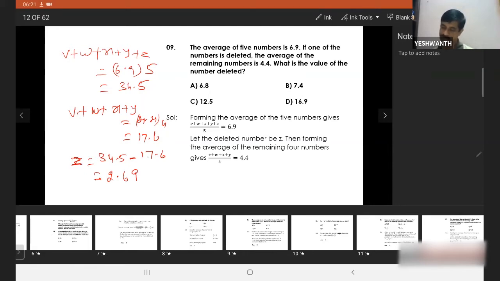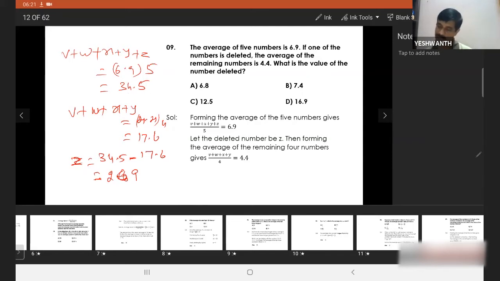No, something went wrong. Is the calculation wrong anywhere? 4 into 4 is 16 plus 1 is 17.6. 5 nines are 45, 5 sixes are 30 plus 4 is 34.